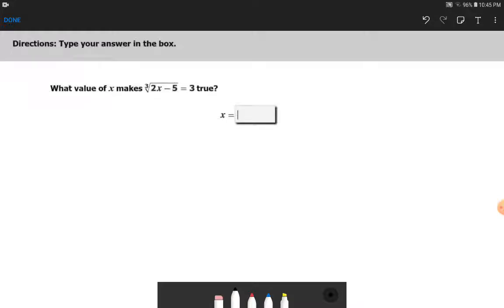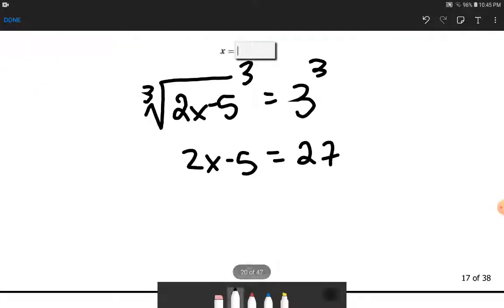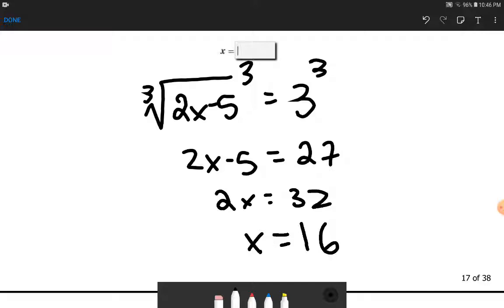Alright, so we're going to solve this by cubing both sides. We get 2x minus 5 equals 27. Add 5 both sides, 2x equals 32, and divided by 2, which is 16. So x would equal 16.